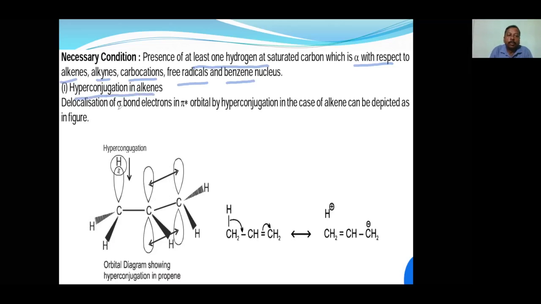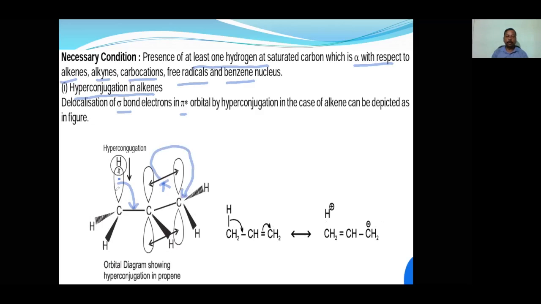So delocalization of sigma bond into pi orbital by hyperconjugation is depicted as below. Actually there was a pi bond. This is a pi bond. Now this is the alpha carbon. So during this, the sigma bond at the alpha carbon is converted to a pi bond, and this pi bond electron will go to become a lone pair.